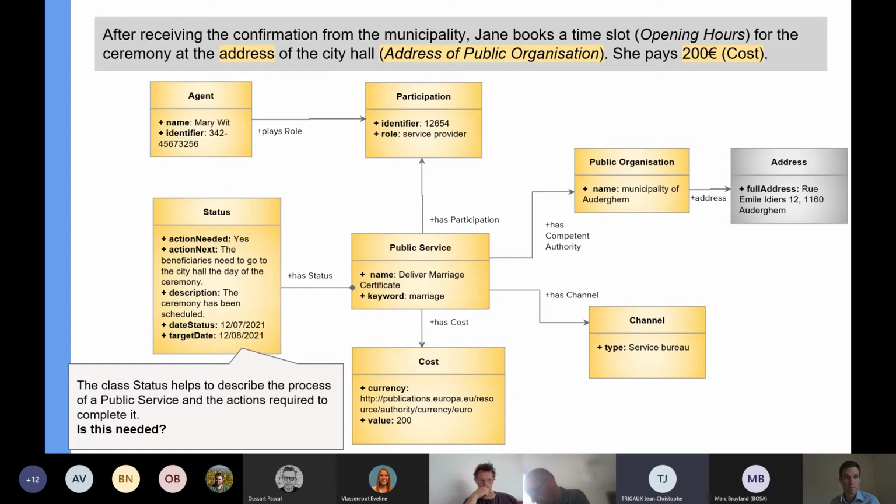And so should we give a notion of status, say that this public service is starting, is already in place? So giving a status to the public service, because this status corresponds more to the process, like you mentioned. So this notion of status related to public service, is it something that you will include in the model? So the life cycle of the public service.